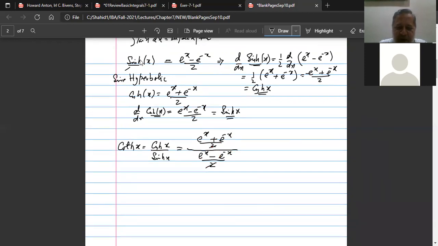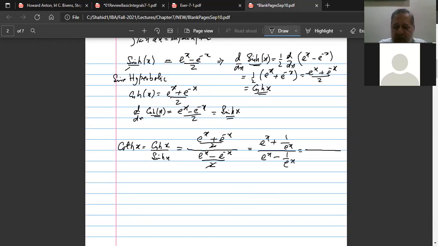Algebraically, this 2 cancels. Further, if I want to simplify it, it becomes this, with minus 1 upon e^x.